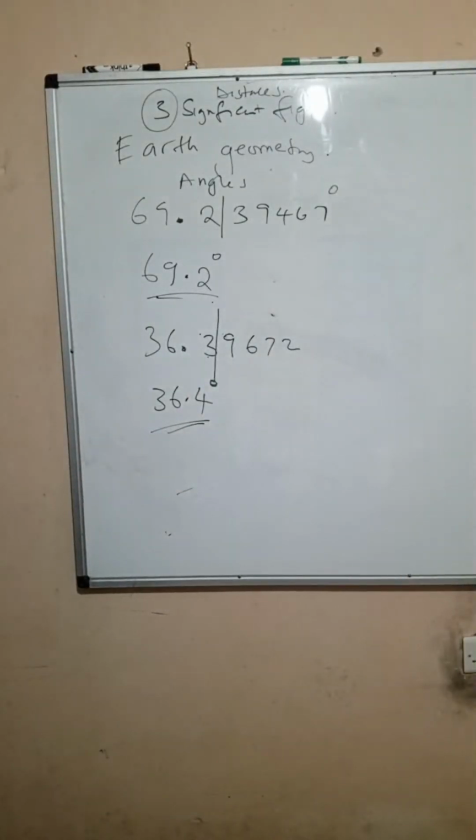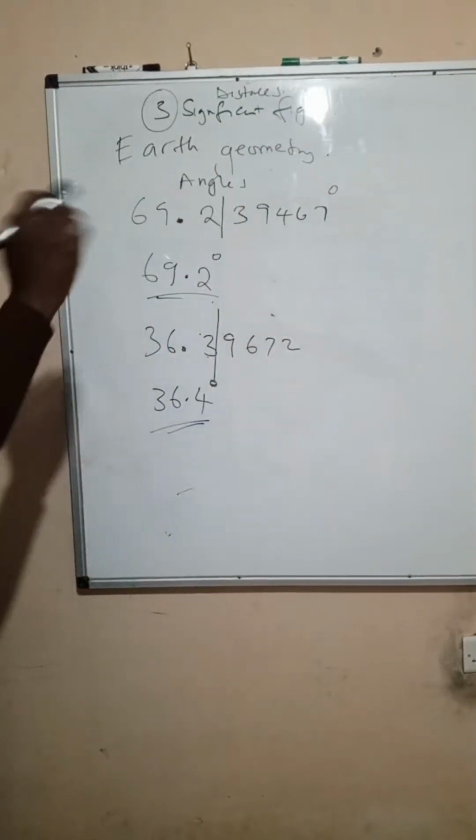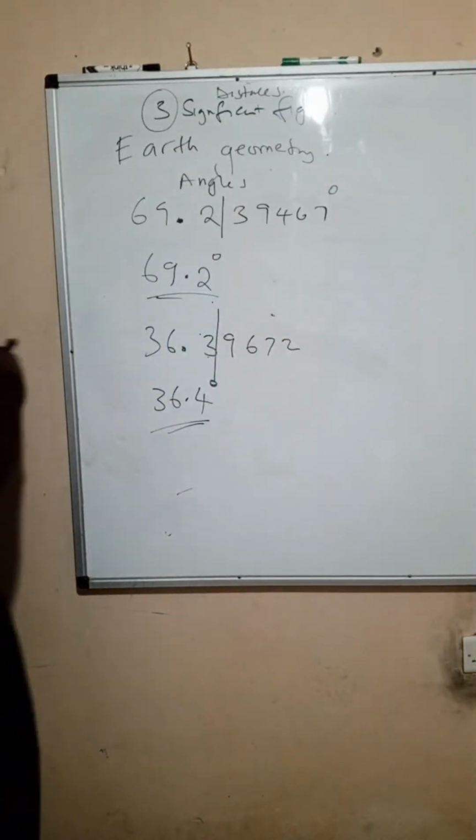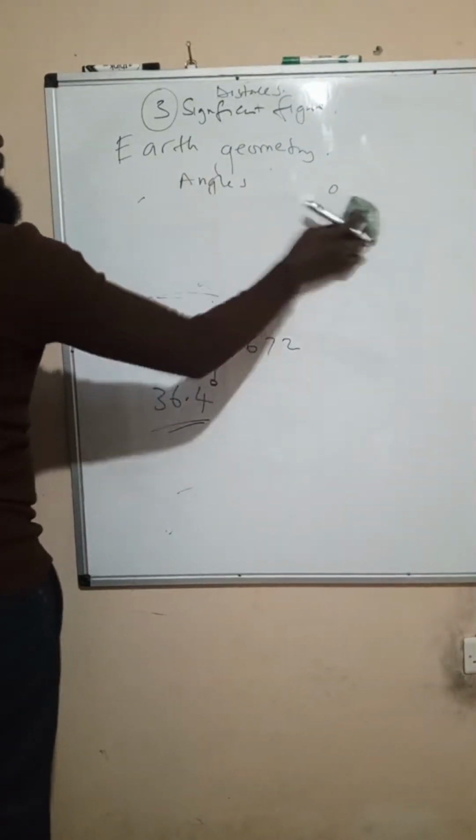You always, for degrees, if you are calculating an angle, the last answer is 69 point what. You always round off to one decimal place. Okay? Always round off to one decimal place.